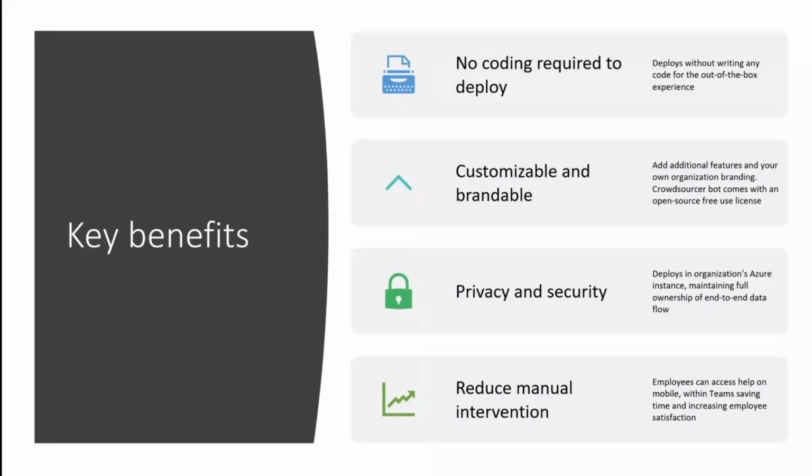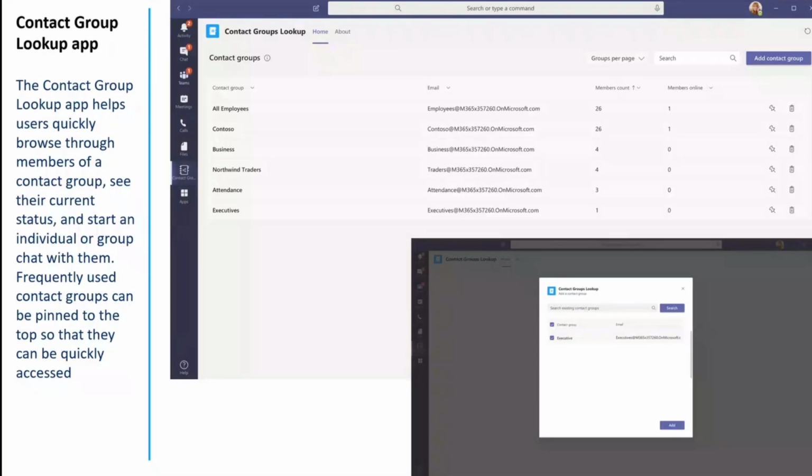To reiterate, there's no additional coding required if you don't want to. If you don't want to customize anything, you can use it as it is. Most of our customers end up changing the name, logo, and things like that. And we build it with privacy and security in mind. So today we're going to be talking about an app template called the contact group lookup.